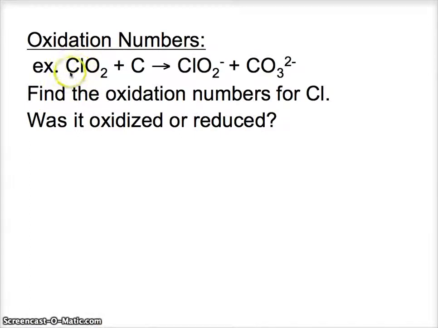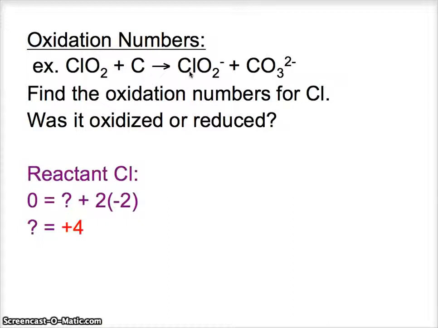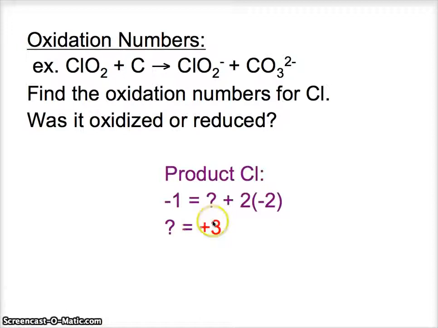Let's do this for a balanced chemical equation. Find the oxidation number for chlorine before as a reactant and chlorine as a product. So pause the screencast and try to solve this problem. As a reactant, chlorine has an oxidation number of +4. And as a product, chlorine has an oxidation number of +3.